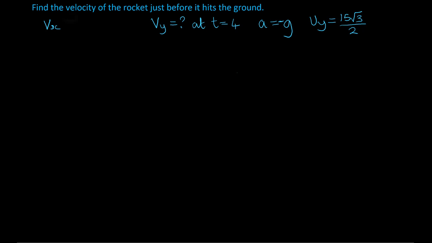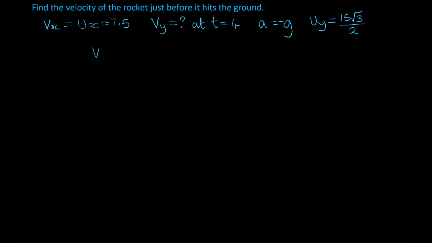Now we're going to find the velocity of the rocket just before it hits the ground. The horizontal component will not have changed, so this is the same as ux. There was no acceleration in the horizontal direction, so the speed won't have changed, and we calculated that earlier as 7.5. To find the vertical component, we use the fact that it takes 4 seconds, the acceleration is minus g, and the initial vertical velocity is 15 root 3 over 2.